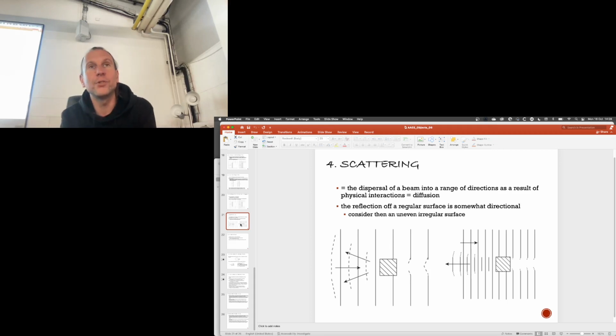We have scattering and diffusion. Okay, scattering is the term that really covers the reflection aspects, whereas diffusion could be messing the phase as well. Okay? Normally it has to do with reflections as well, by the way, but it could be some material properties which make the wavefront more diffuse.